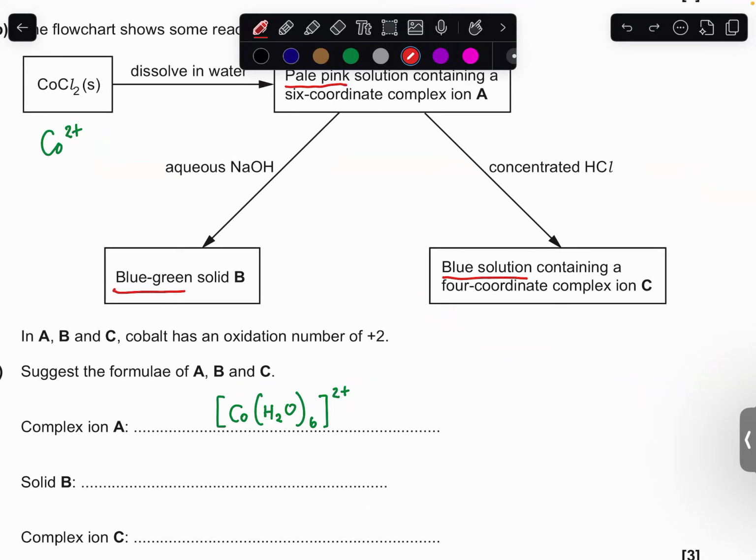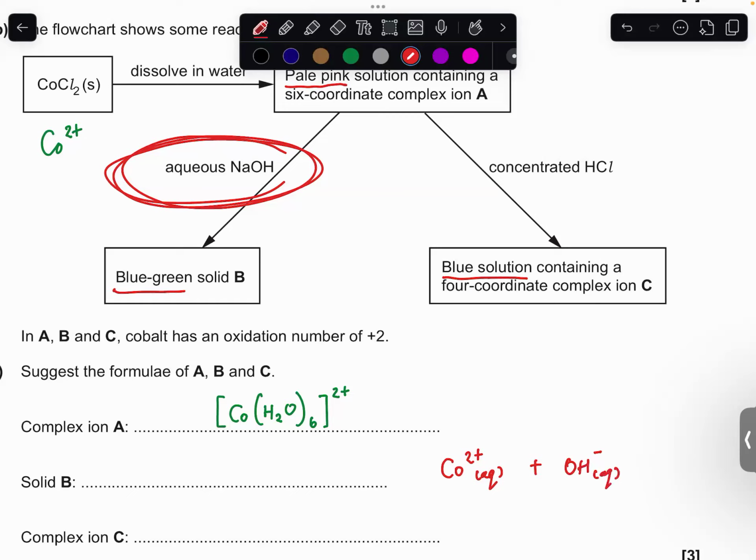You see, cobalt 2 plus ions, which are aqueous, react with sodium hydroxide, with the hydroxide ions, which are also aqueous, and it gives you cobalt 2 hydroxide, and the state symbol will be a solid.